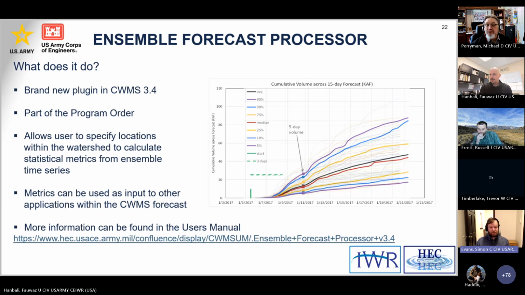Also, there's an option in there for calculating or returning a time series of a particular ensemble time series, so a particular member based on the metric. So return one that has the closest volume. So there's a couple different options here.